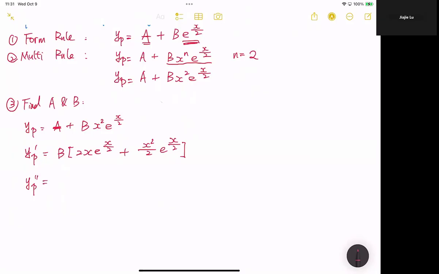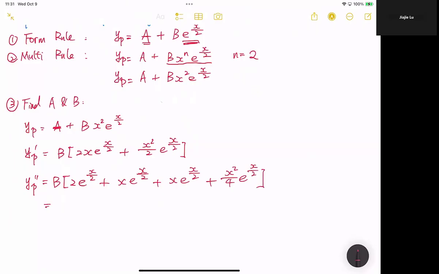You just be careful about the derivatives. And for yp double prime, so we do it again. So it's just 2e to x over 2 plus, okay, if you take derivative on e to x over 2, the chain rule will cancel out the 2 in front of x. So it's e to x over 2 plus, okay, so this part, x e to x over 2, then plus next part, x squared over 4 e to x over 2.